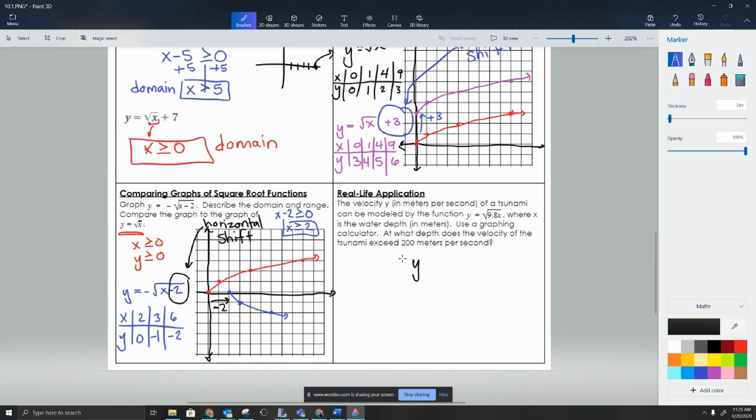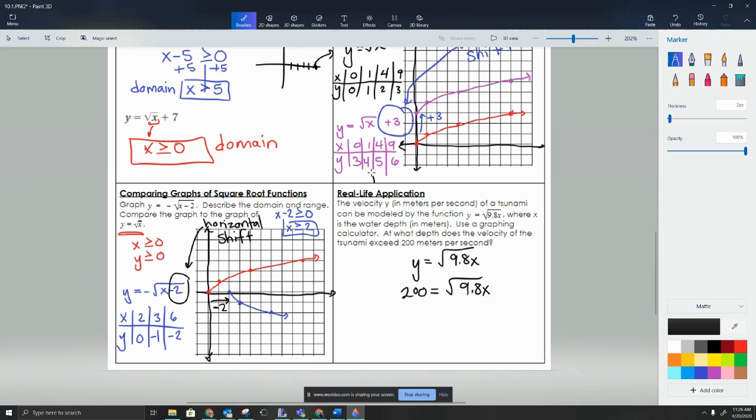So basically, we just take this and we do 9.8x. Hold on one second. If I'm going to plug, let's just say we'll plug 200 in here. I'm just going to work through this.